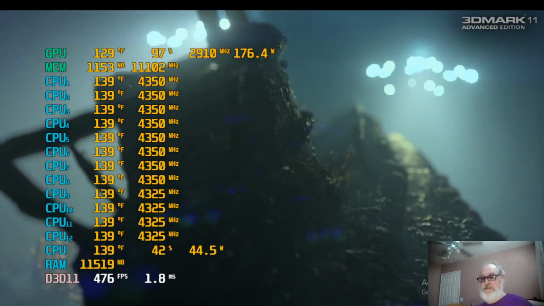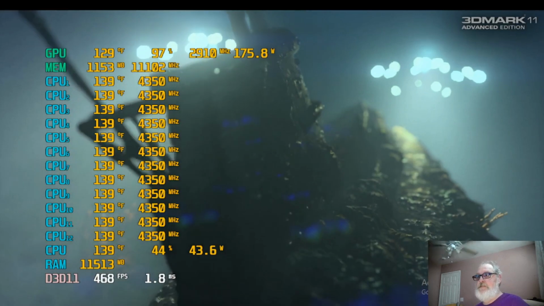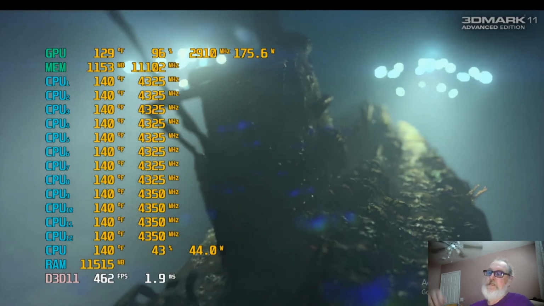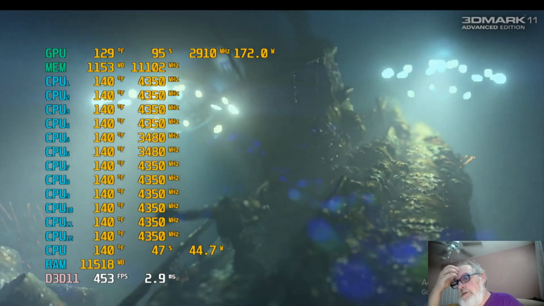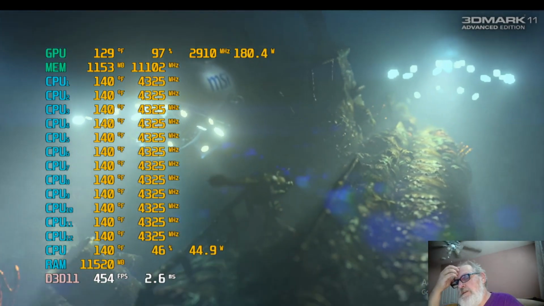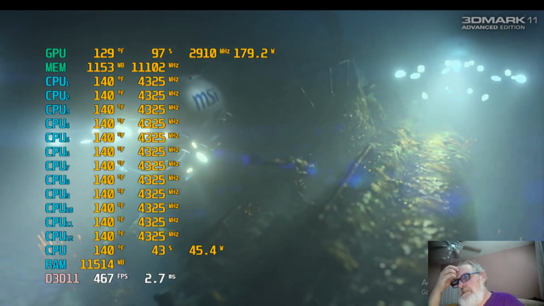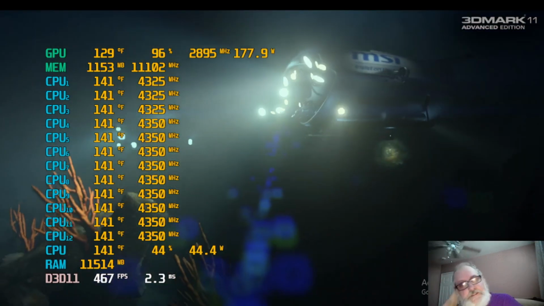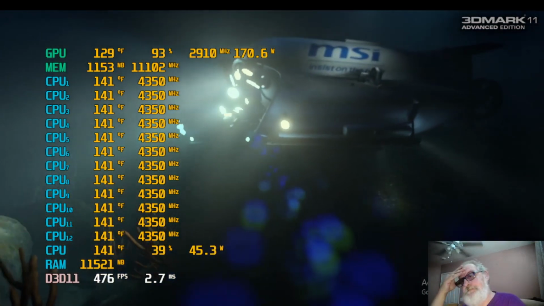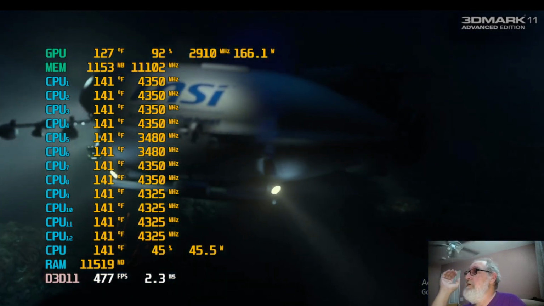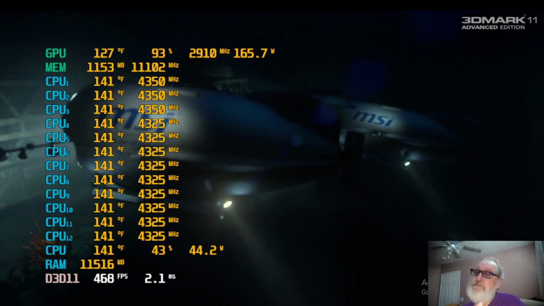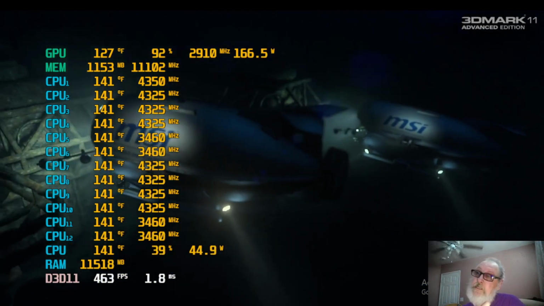This program here used to be the first 3D Mark, well, not the first, but 3D Mark 11.